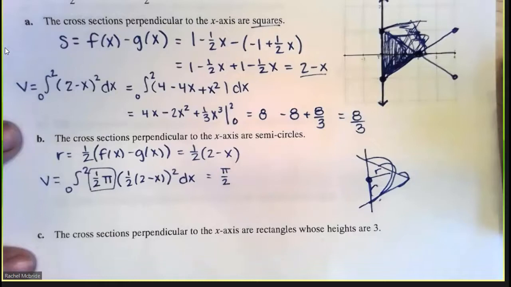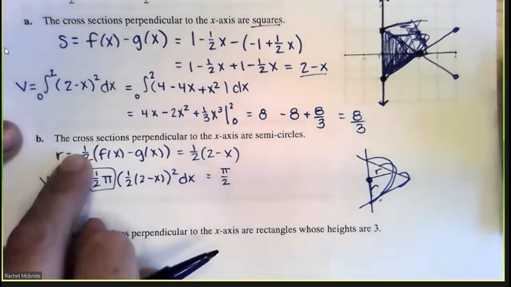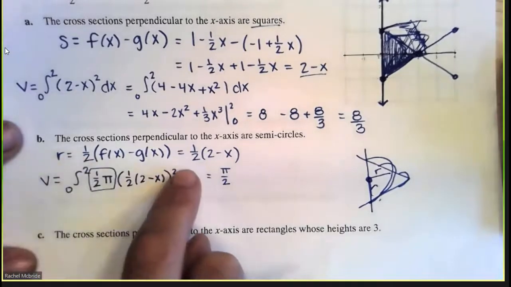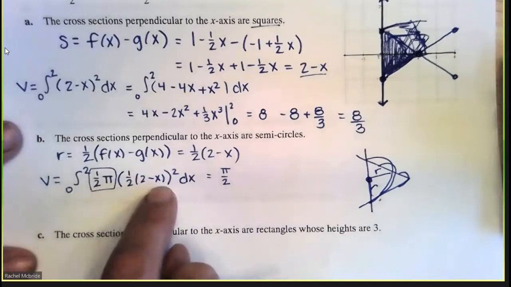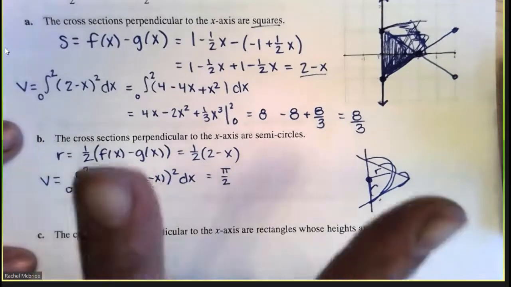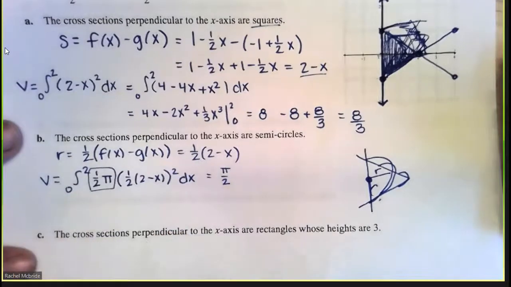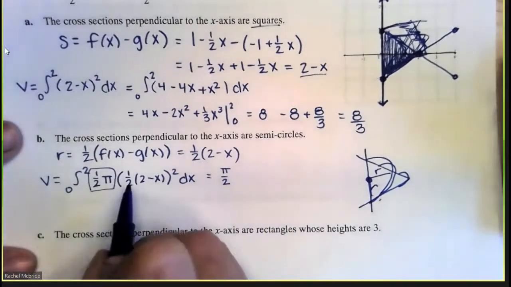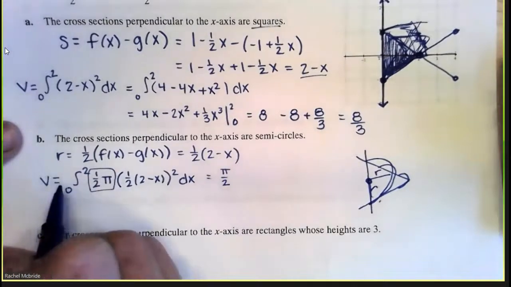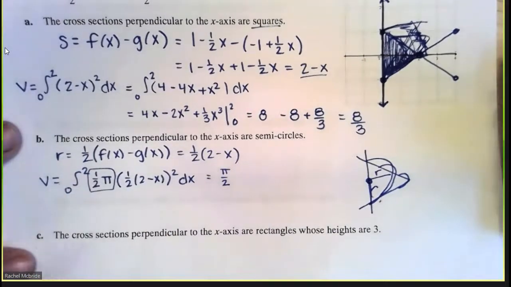You could also conversely take it out. So you could square that 1/2, or you could distribute it in. Either way. If I take it out, then I don't have to worry about fractions.